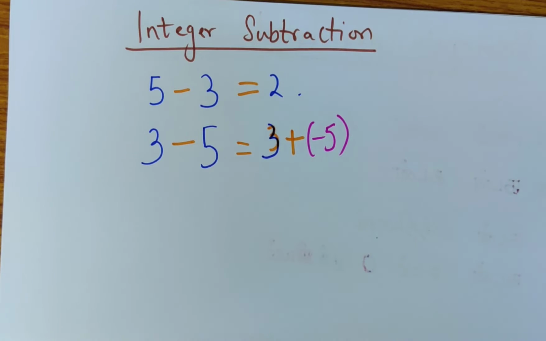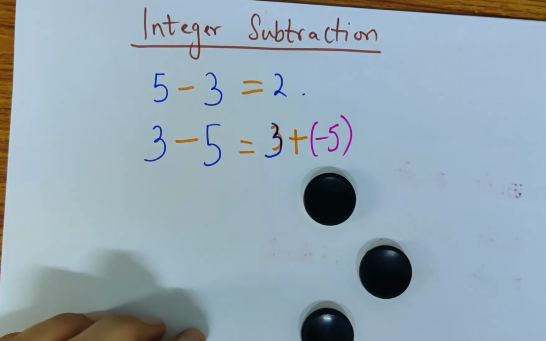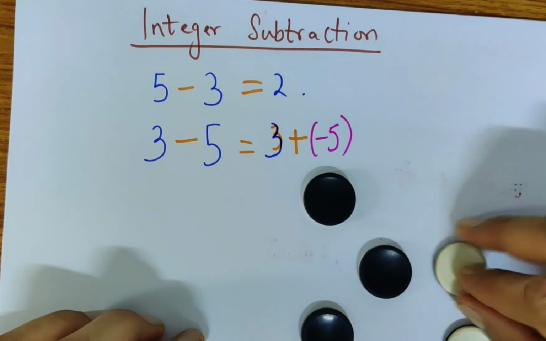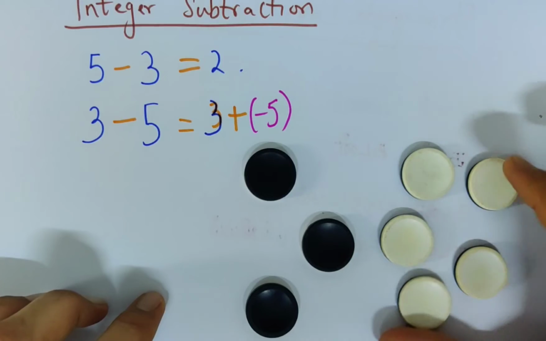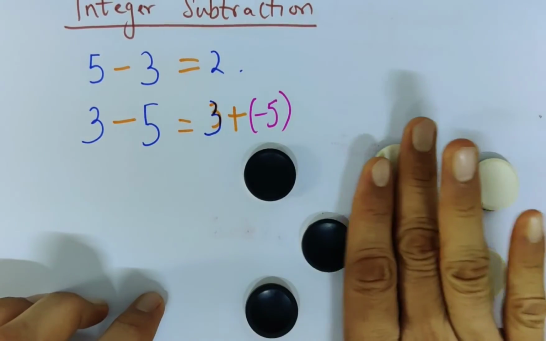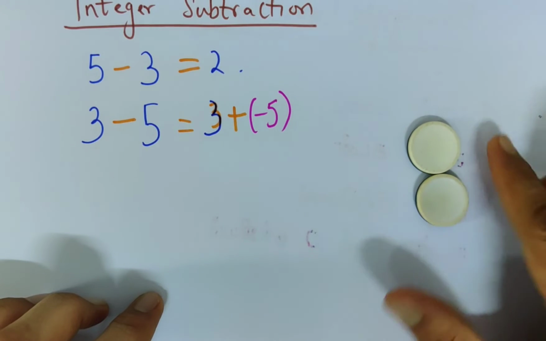So we started with the same 3 and we can say we are adding negative 5. Okay, so then you remove the positives and what is left is negative 2.